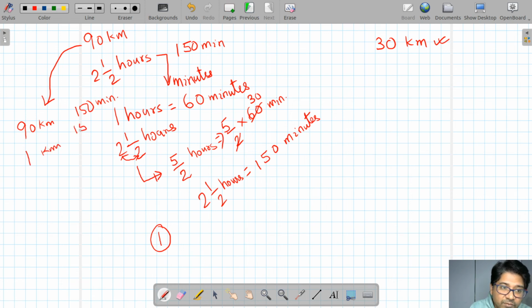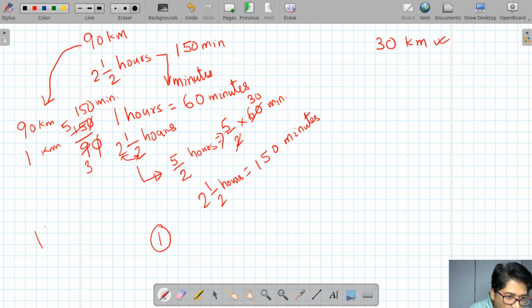So 150 by 90. Right? So let's resolve this. This 0 will cancel. Then divide by 3: 3 5s are 15, 3 3s are 9.